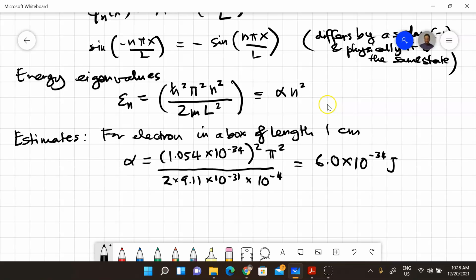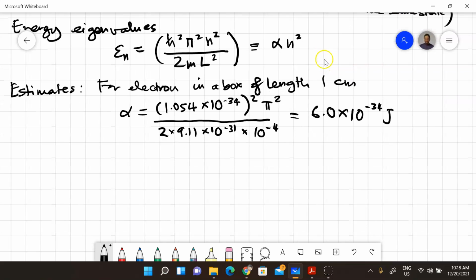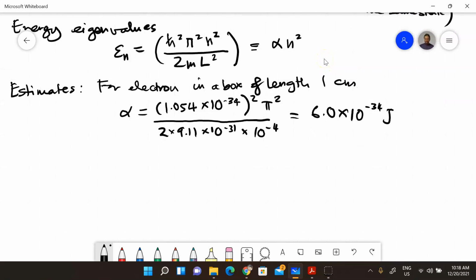Now, one could also write this in terms of temperature. So you divide this alpha by the Boltzmann constant. Remember, I should have mentioned that your alpha carries the dimension of energy.